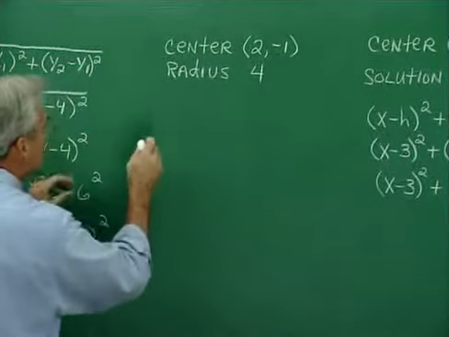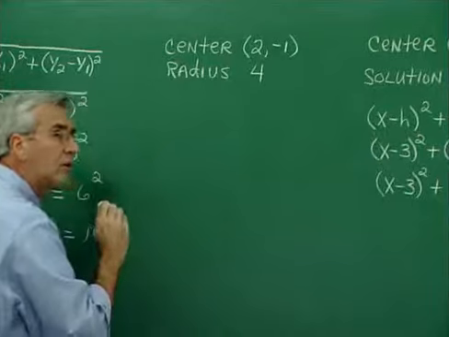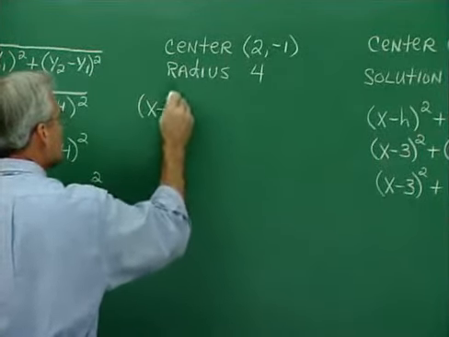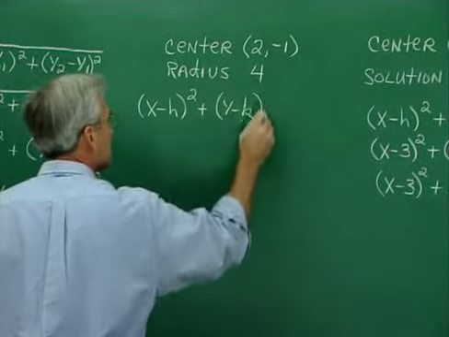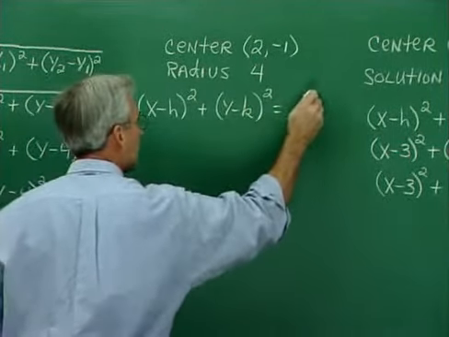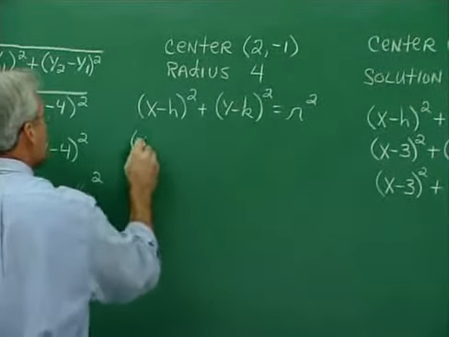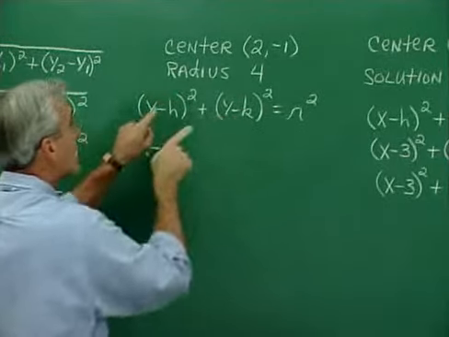Now, we start like this. We think, well, the equation of a circle has the form of x minus h squared plus y minus k squared equals r squared. And then fill in the information that we see. Well, we see the h and k, coordinates of the center.